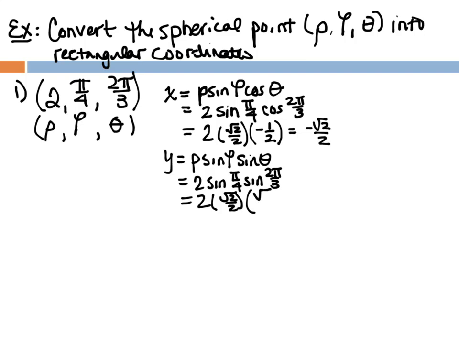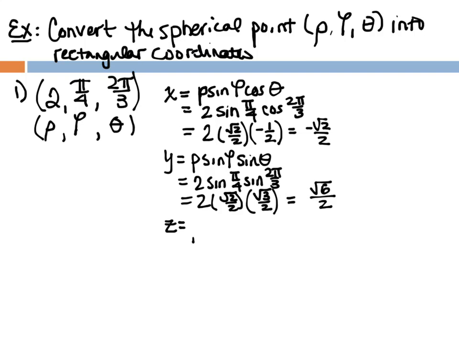Root 3 over 2. And is it positive or negative? It's positive because we're in quadrant 2, right? So what does this one end up giving us? Square root 6 over 2.